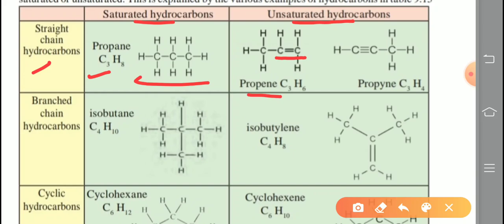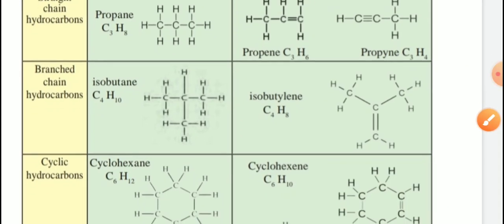So 3 twos are 6, 6 minus 2, 4. Only 4 hydrogens present. So that is propyne. You show a triple bond between any two carbon atoms, first, second or second, third. The remaining valency is satisfied by hydrogen atoms. So here what we learn: both saturated as well as unsaturated compounds are formed.